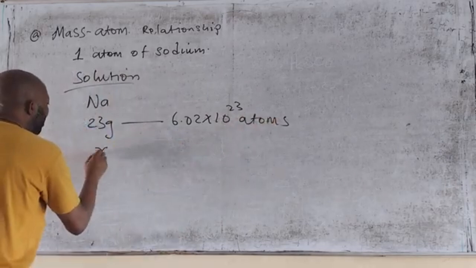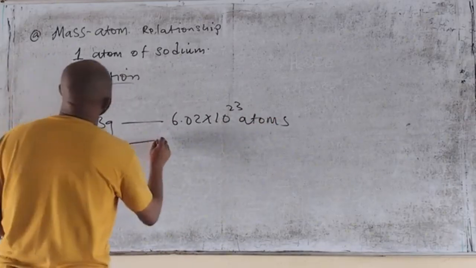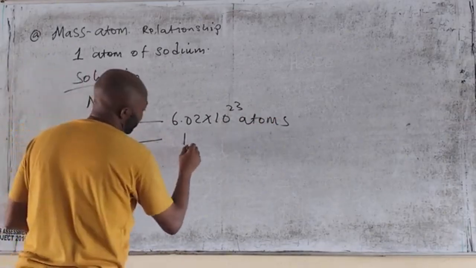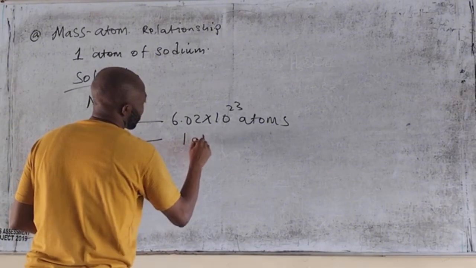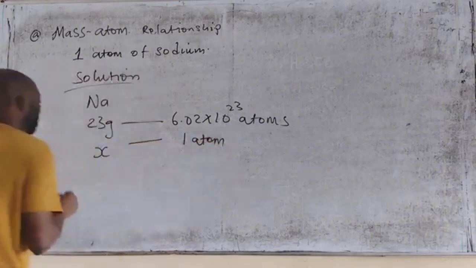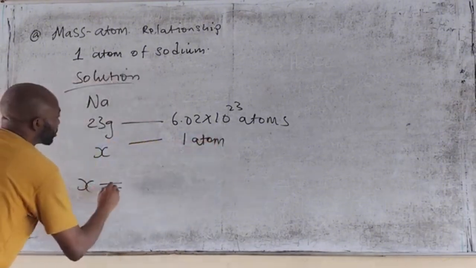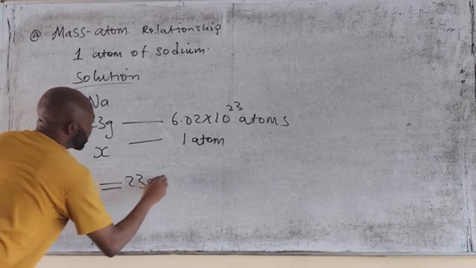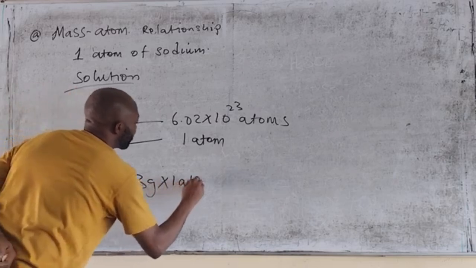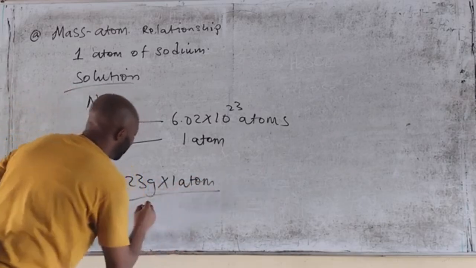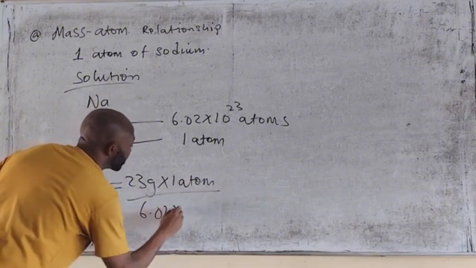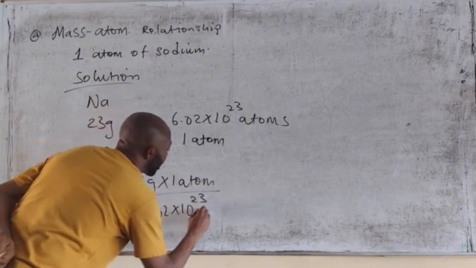Now, how many grams of sodium will give me 1 atom of sodium? Now, my X is equivalent to 23 grams times 1 atom over 6.02 times 10 raised to 23 atoms.